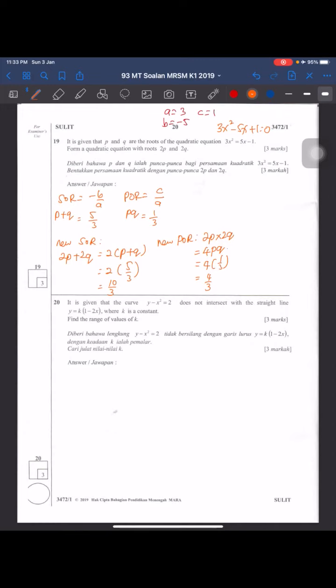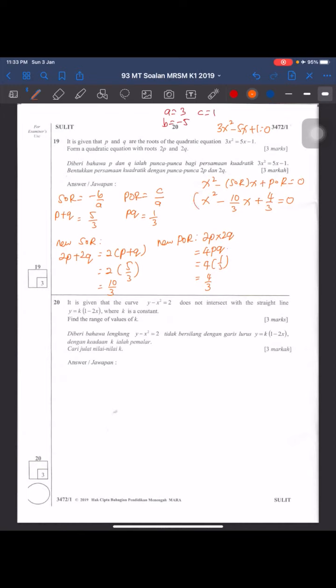So the new equation, okay, kita tahu x square minus (sum of roots) x plus (product of roots) equals to 0. So just substitute the value into this equation. Okay, so kita ada x square minus 10 over 3 x plus 4 over 3 equals to 0.